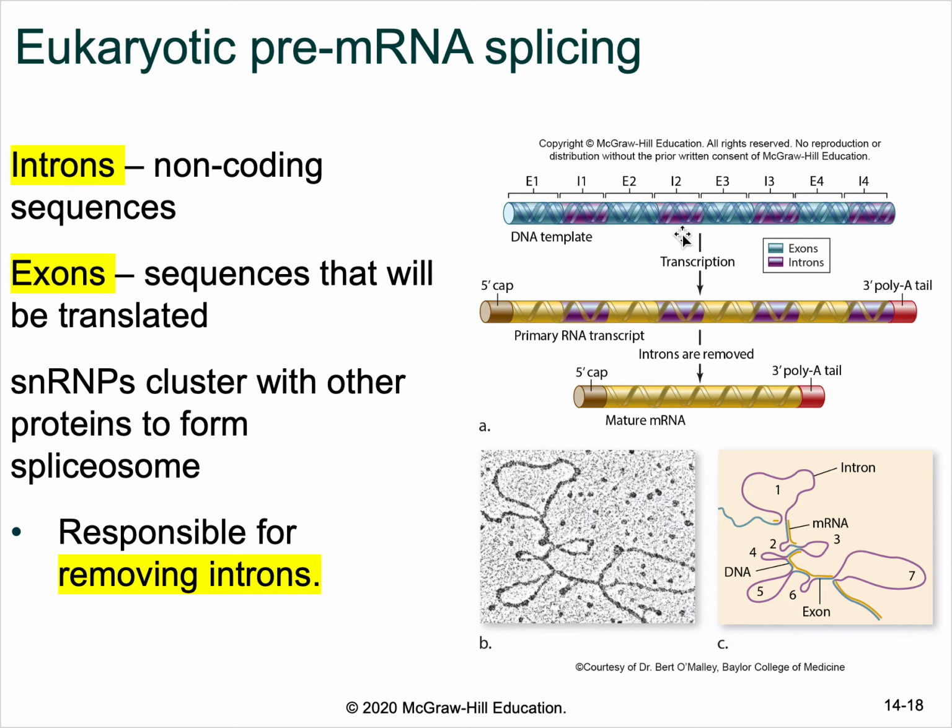And then what's going to happen is that anything that is termed non-coding, which is an intron, is going to be spliced and removed. And then the only thing that is left is the exons. So notice here how it says the introns are removed. That's because they are non-coding. We don't need them. We remove them, and then all that's left is coding sequences.